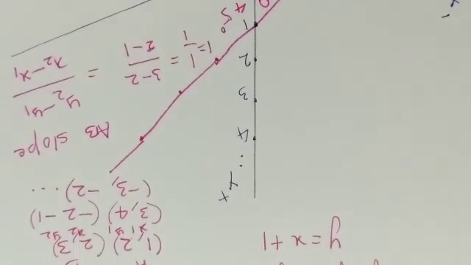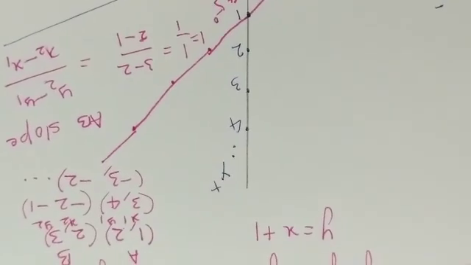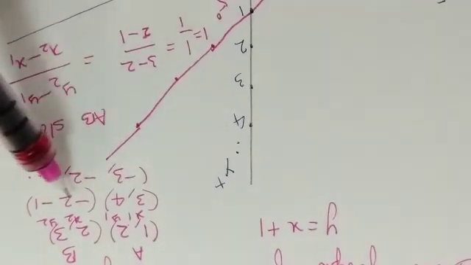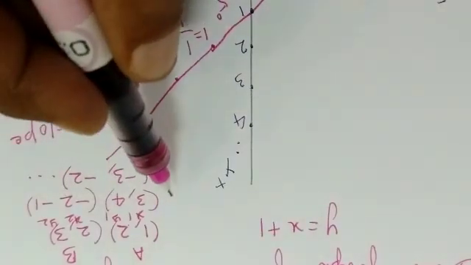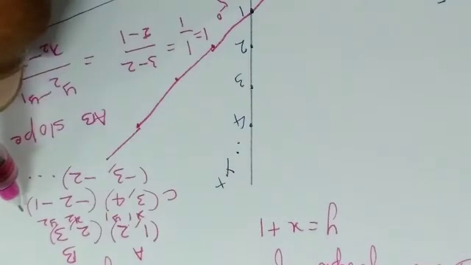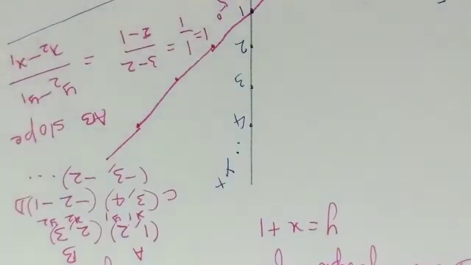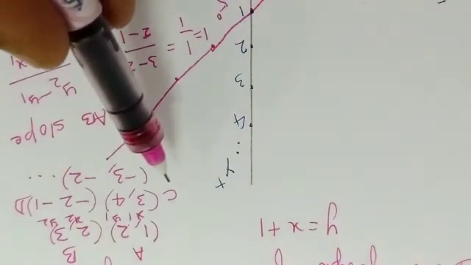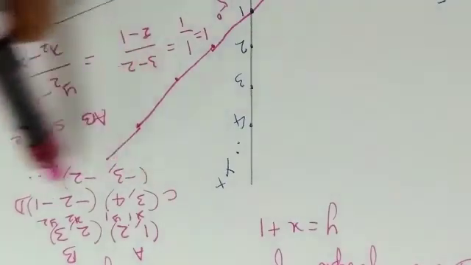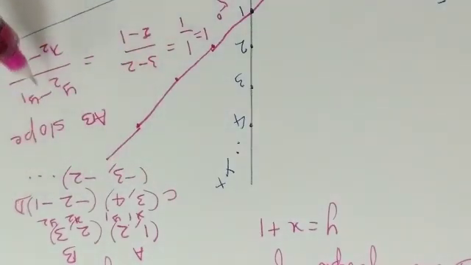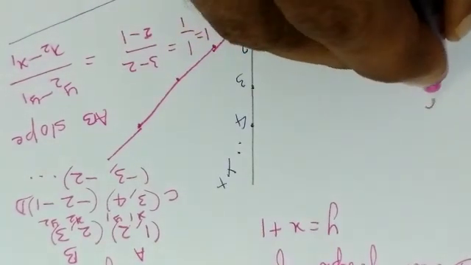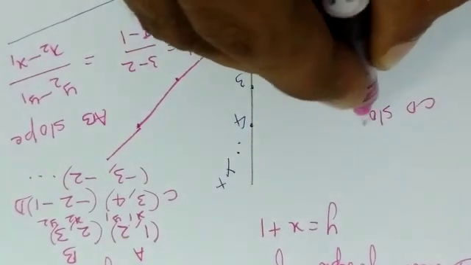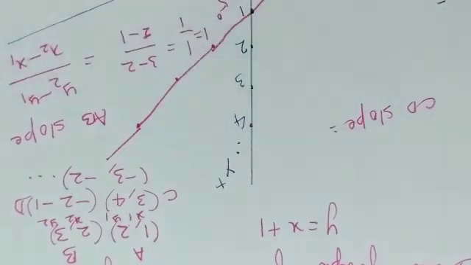Similarly, take another 2 points and find the slope. This is point C, this is point D, suppose. Now find the CD slope in a similar fashion using the same formula. What is the formula? y2 minus y1.